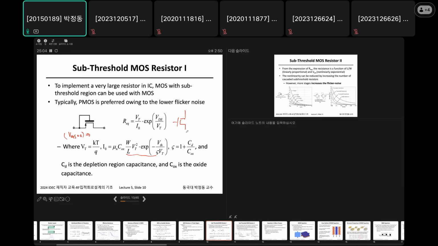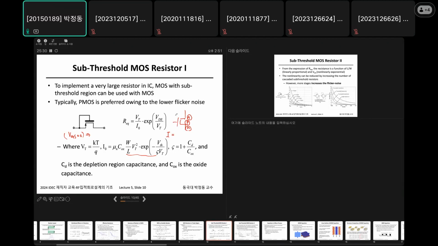In sub-threshold, your MOS is actually an NPN: source and drain are N type, and the substrate is P type. Therefore, it's an NPN device.